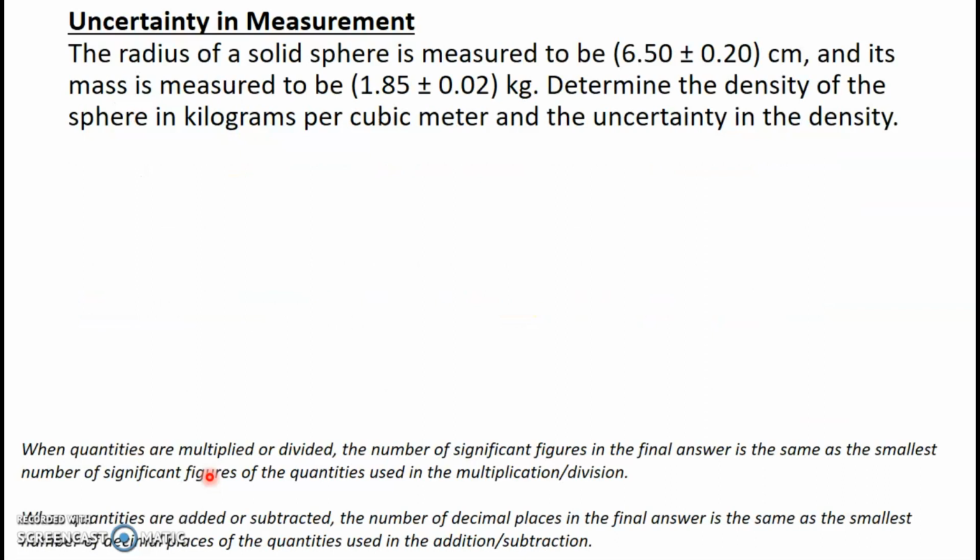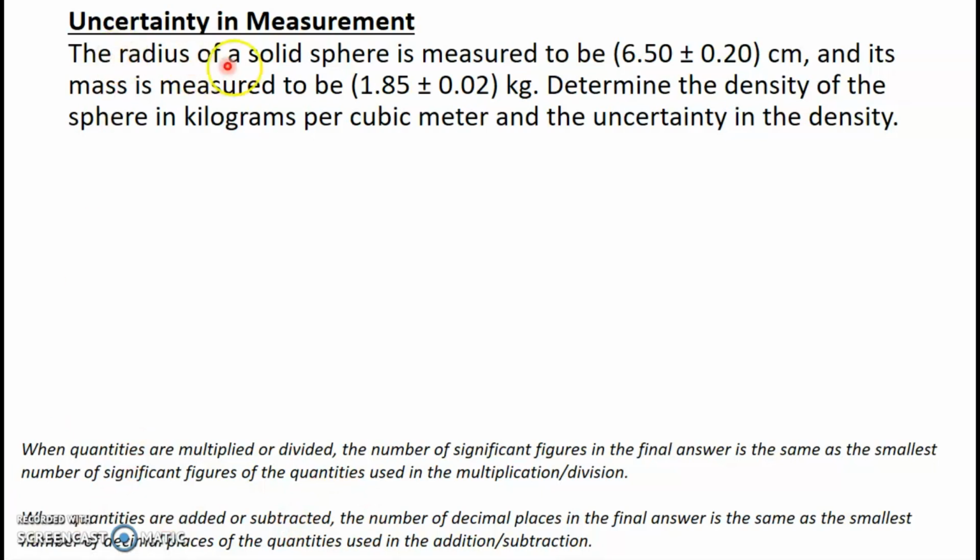Let's take a look at this tutorial question in order to learn how to calculate uncertainty in measurement. For reference, I will put these two rules under this question.